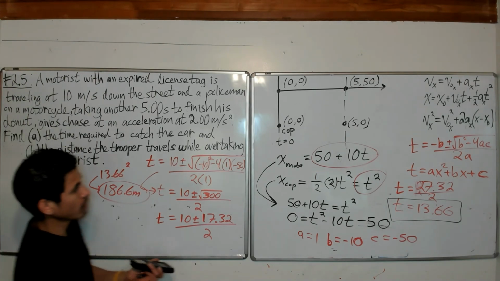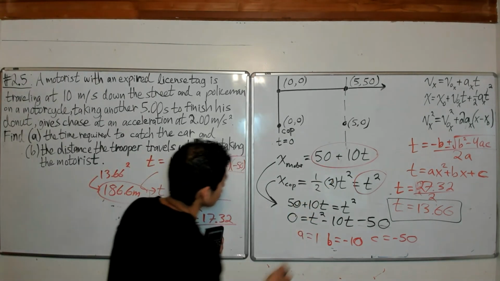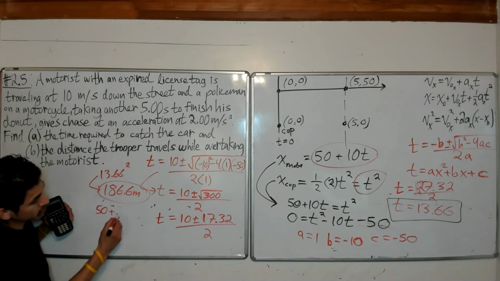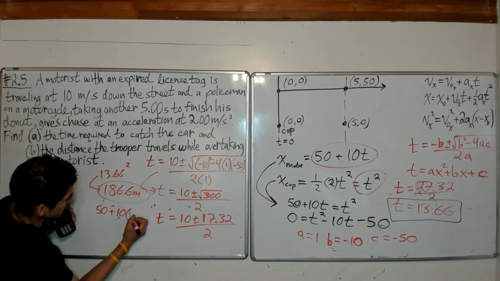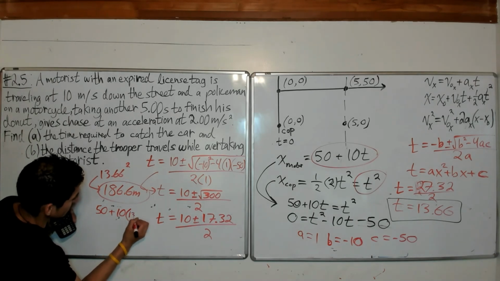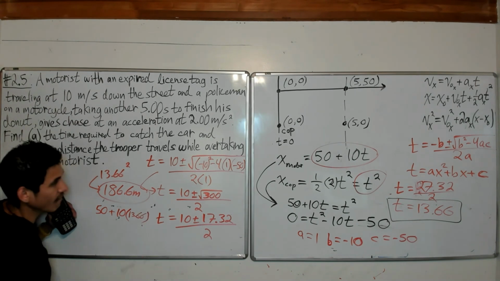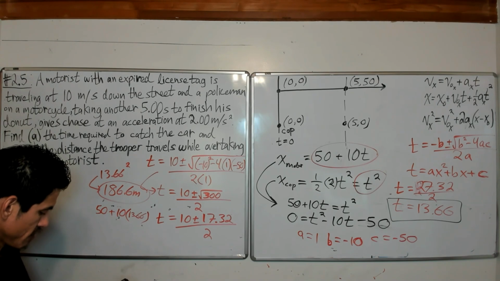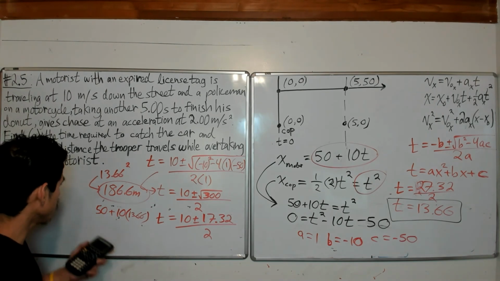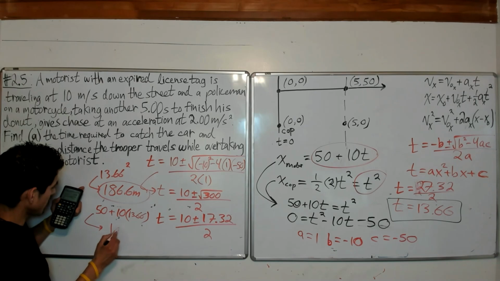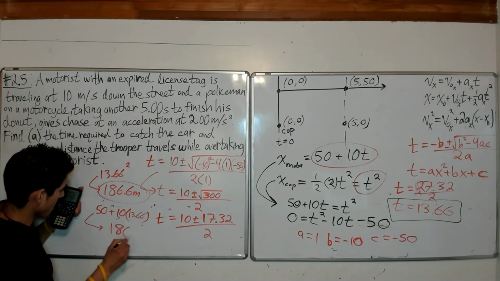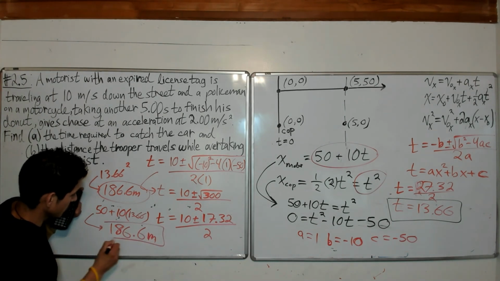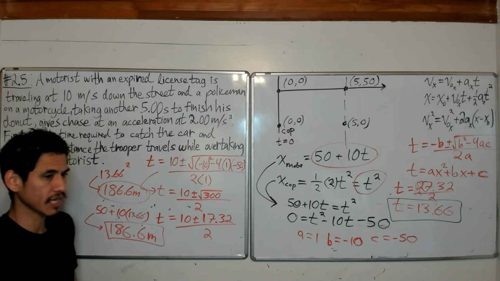If I did the motorist, it'd be 50 plus 10 times 13.66. I should get the same thing. Let's just make sure. I don't know if this is the one time I make a mistake. 50 plus 10 times 13.66 is 186.6, so we're good. It matches up. Most likely doing this stuff right so far.